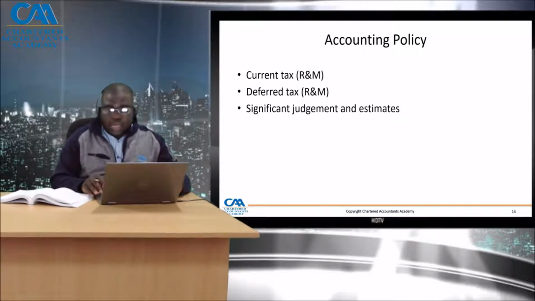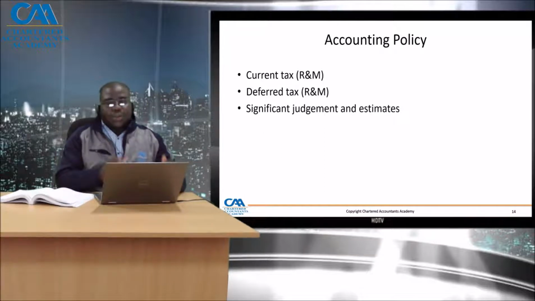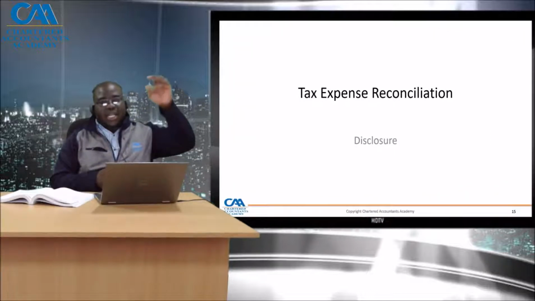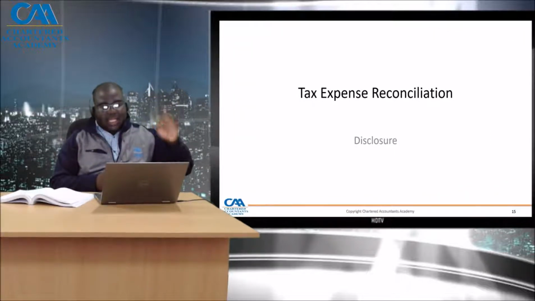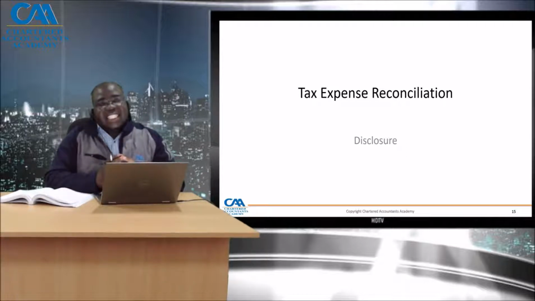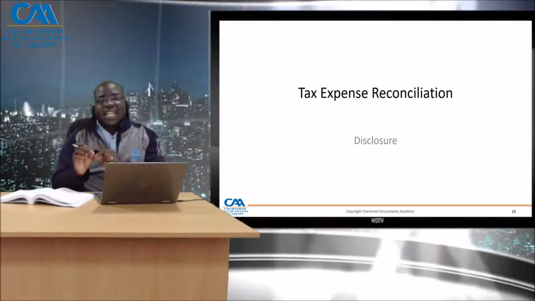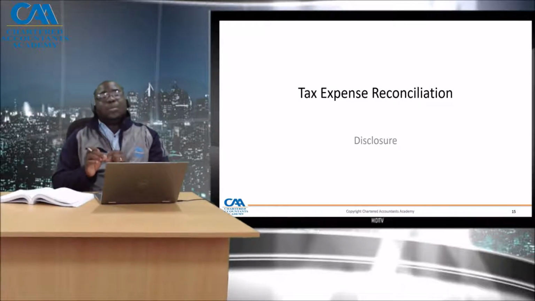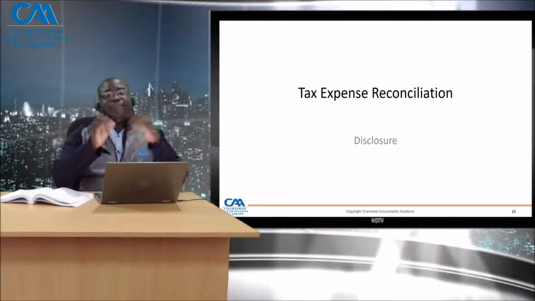We then also need to look at the tax expense reconciliation. We've learned the structure of the tax expense, which shows normal tax, current and deferred, capital gains, current and deferred, and so on. But we now need to say where the tax expense is different from the expected.